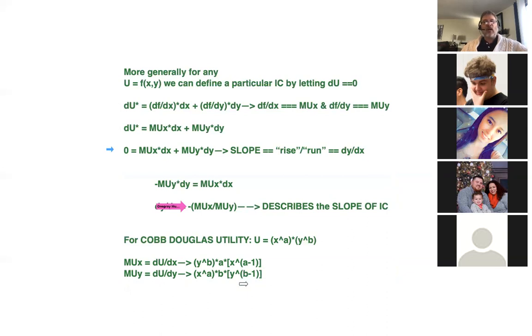And so we have to take the ratio of these two. And the next thing that we should calculate, I'm going to go ahead and go on our next board here.